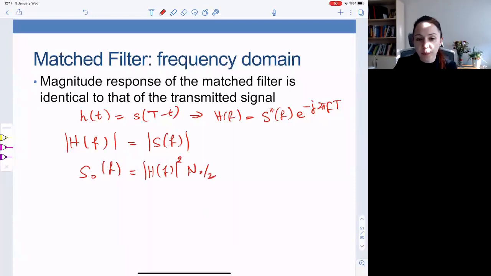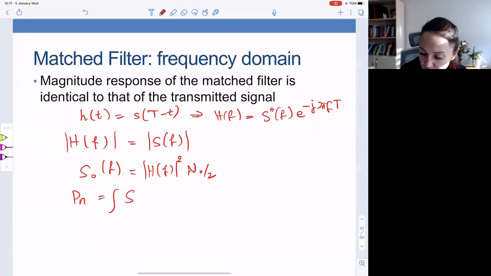So the power spectral density of the noise is shaped by the matched filter characteristic, which actually is identical to the pulse frequency domain characteristic.